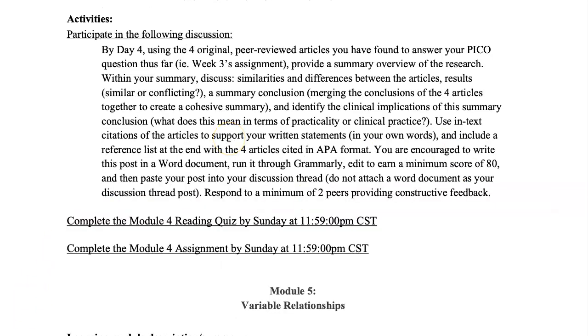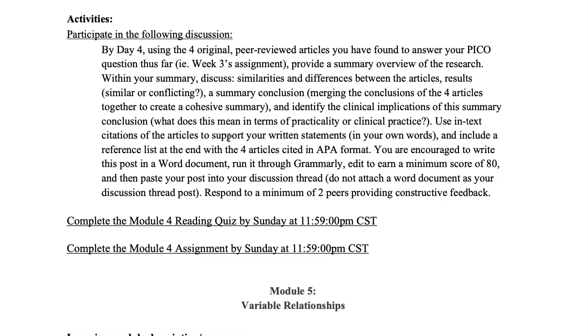Okay, so your discussion board assignment this week, due on Thursday, using the 4 articles from last week that you used to answer your PICO question, provide a summary overview of the research.